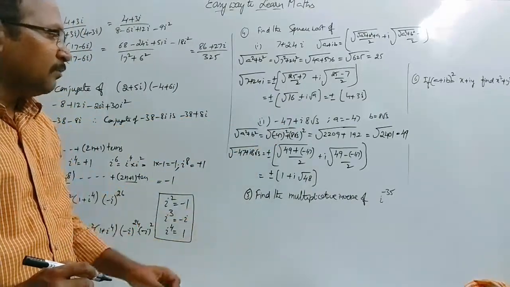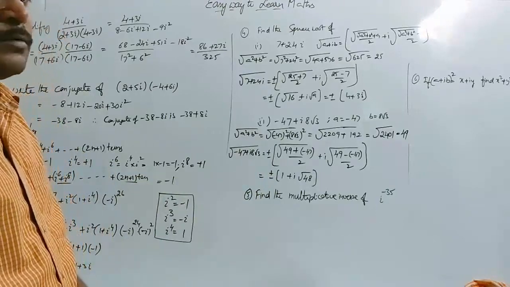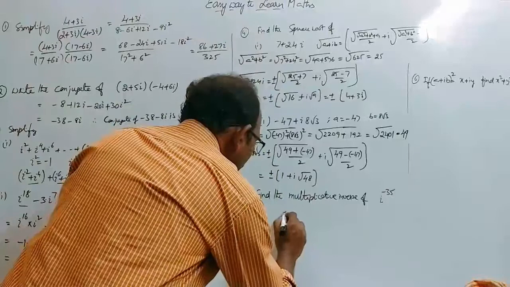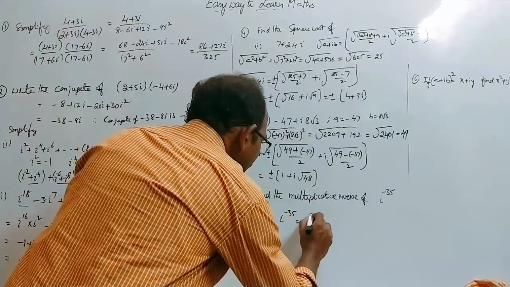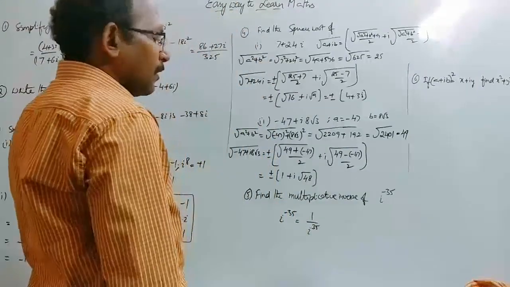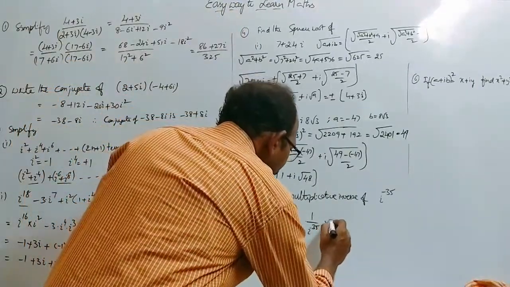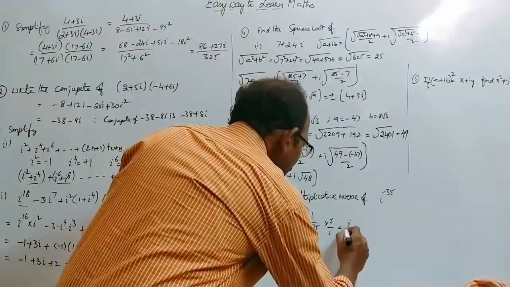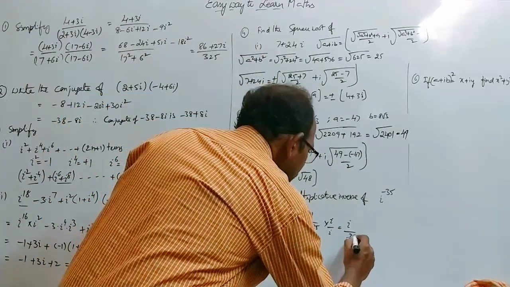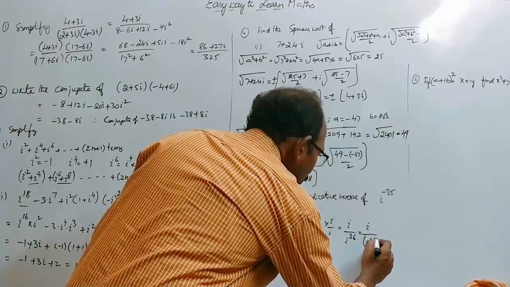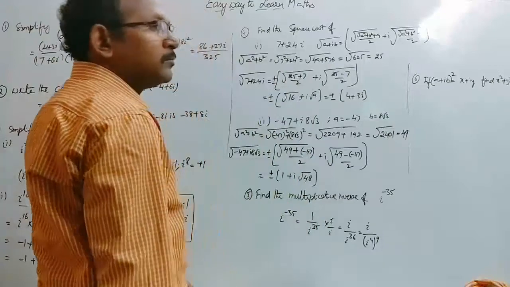Now let us find the multiplicative inverse of i power minus 35. Let us simplify first of all i power minus 35. Therefore i power minus 35 is equal to 1 by i power 35. Let us multiply with i on numerator and denominator. Then it becomes i by i power 36. That is equal to i by i power 4 whole power 9.